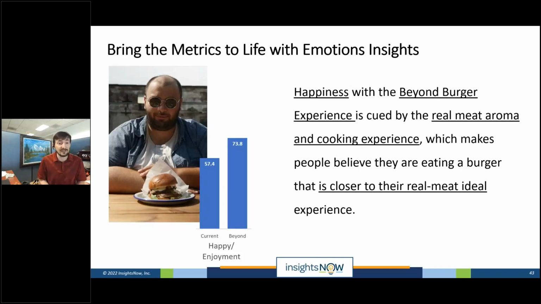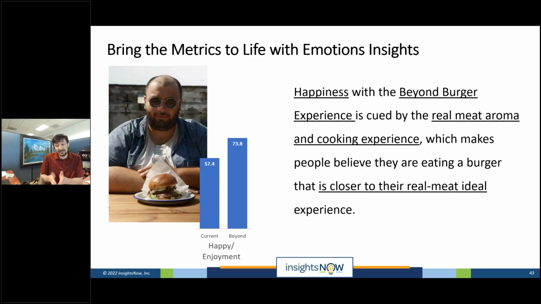Likewise, we can do the positive side, right? Happy, we saw that happiness was much higher with the Beyond Burger than with current. And we could say, okay, well, why? So happiness with the Beyond Burger experience is cued by the real meat aroma and cooking experience, which makes people believe they're eating a burger that is closer to their real meat ideal experience.